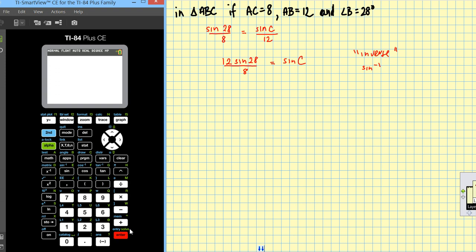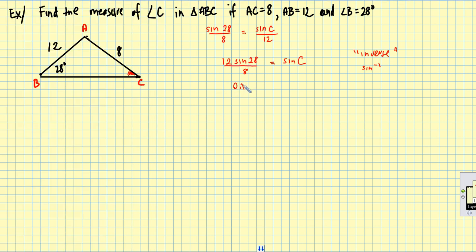And I end up getting 0.704. So 0.704 is equal to the sine of C. Now, to get the angle measure, all I need to do is bring the sine over to the other side. So I do sine inverse of 0.704 approximately, and that'll tell me what the angle measure C is.